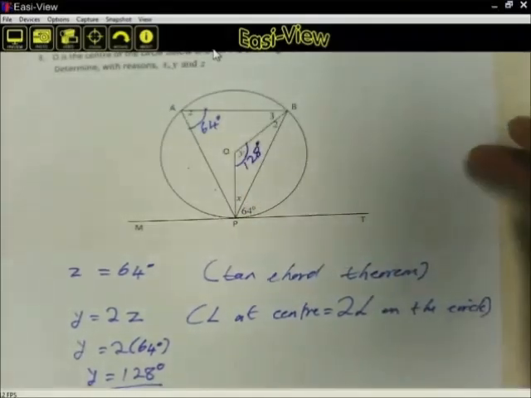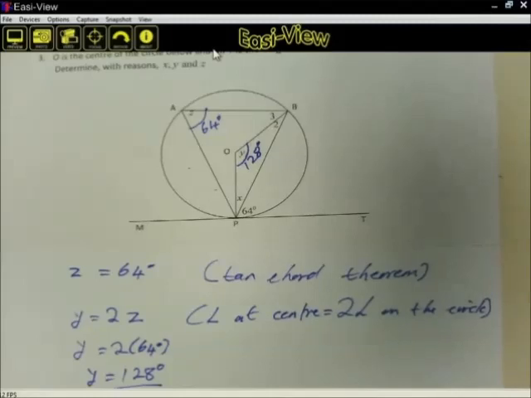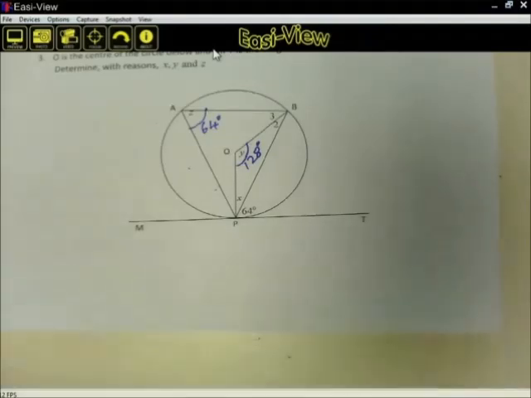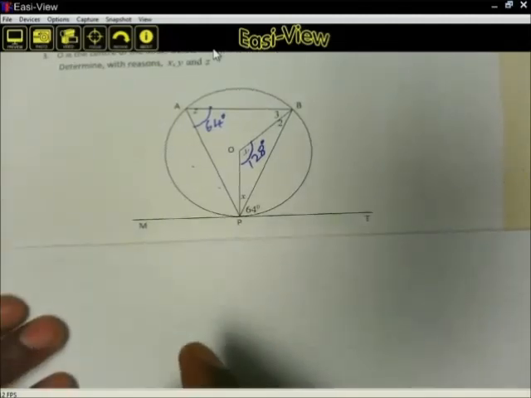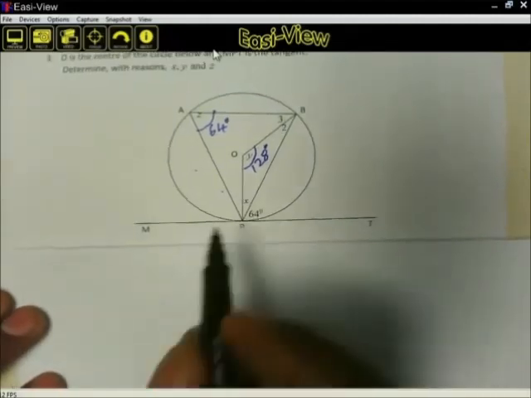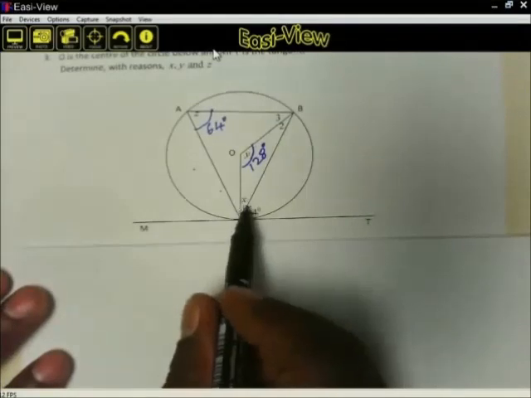Still have to determine X. How can you determine X? We've got different ways you can solve X using different approaches. Let's determine the value of X. Some will say, look at X and 64.